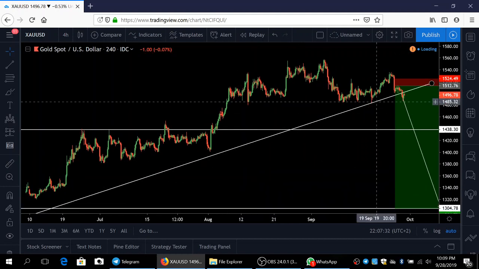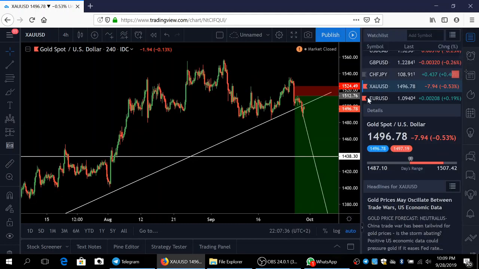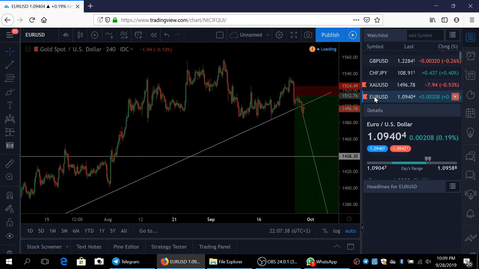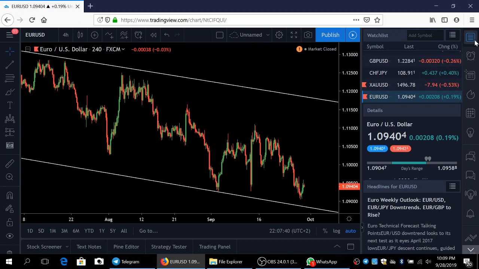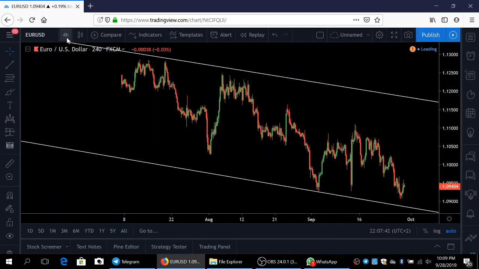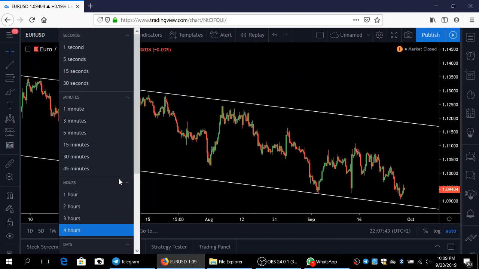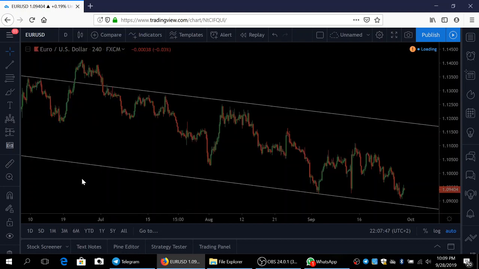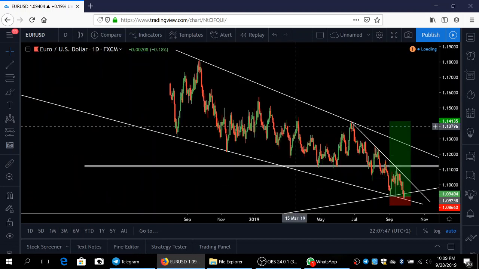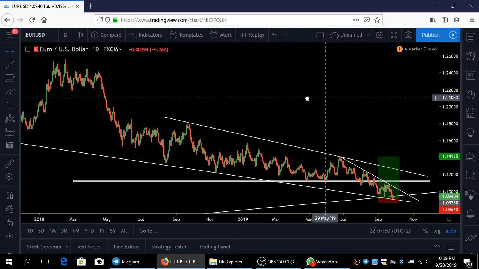So our next currency pair is EUR/USD. It's this one right here. So we are looking at the daily chart. Okay.